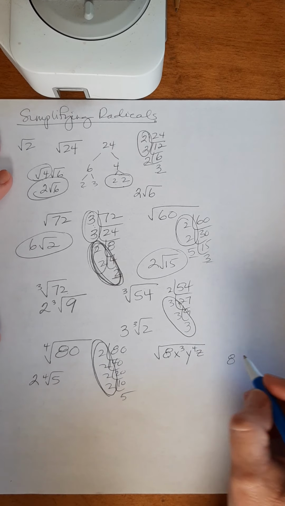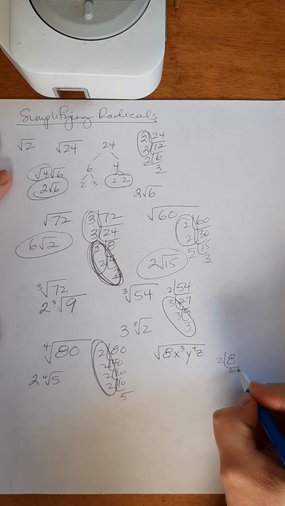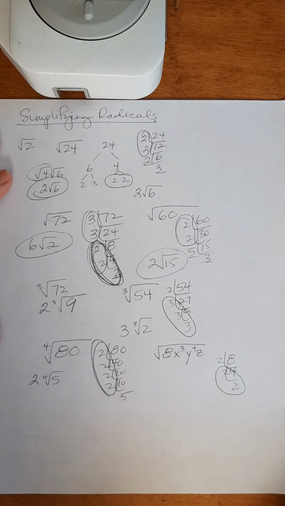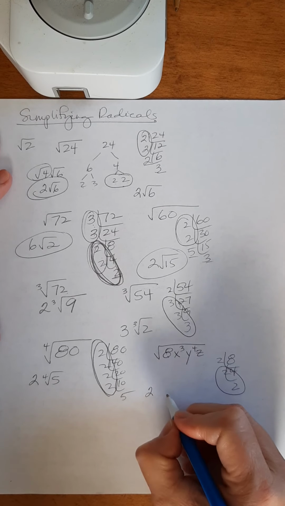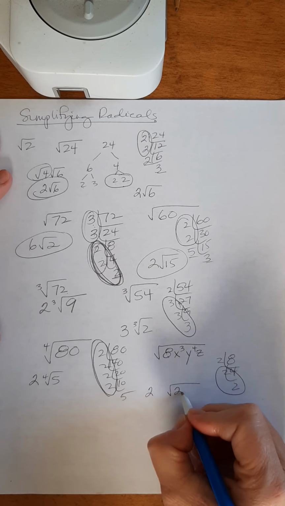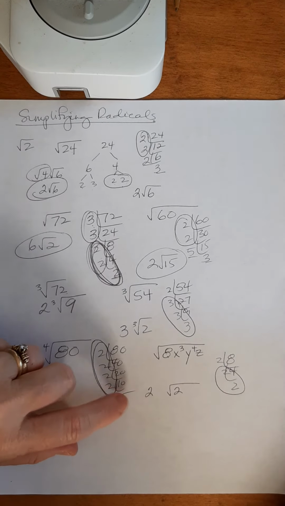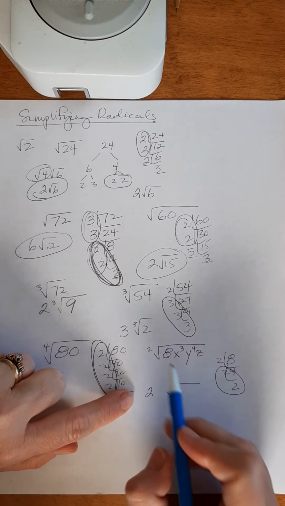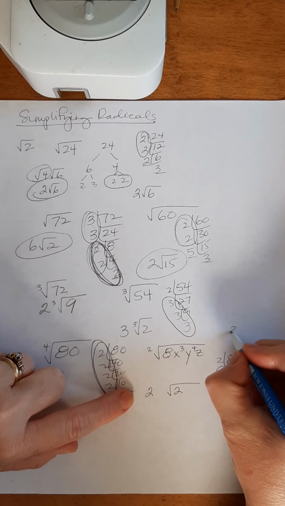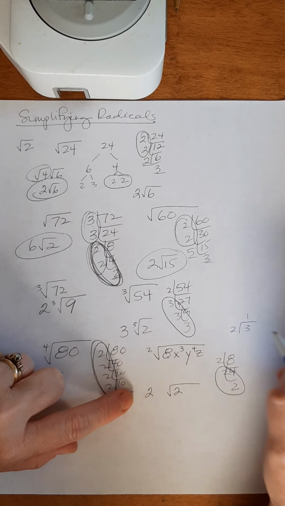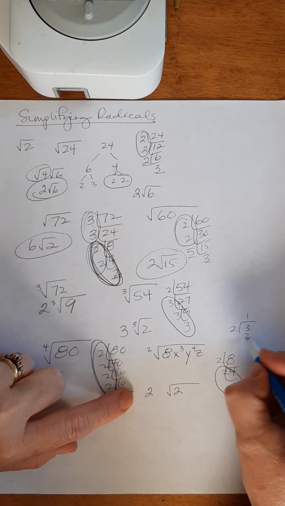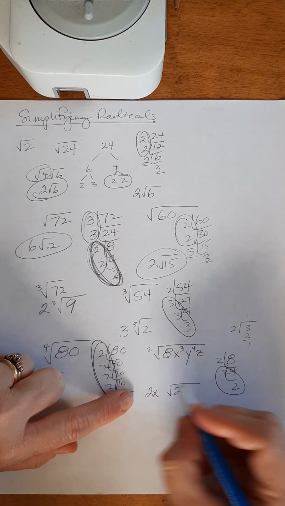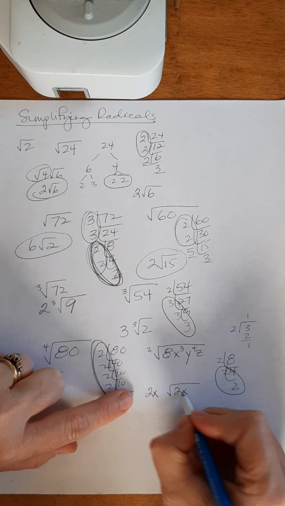So we got 8, 2 and 4, square root, so 2 of a kind, 2 left over. But then we have our variables. Remember there's an understood 2. 2 goes into 3 one time, 1 left over. So 1x, 1 left over.